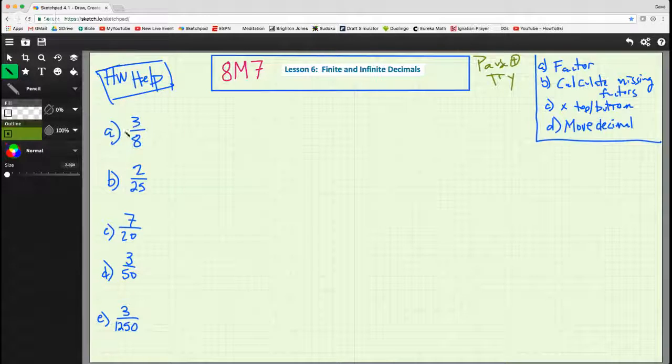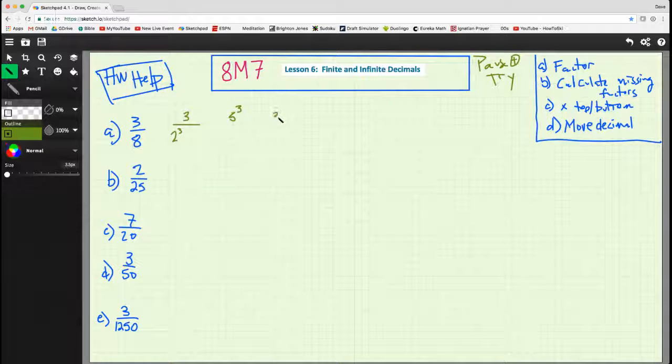So we'll do our examples, and we'll do this first one in green. So step A, we're going to factor this guy. So we get 3 over 2 cubed. Our missing number is, now we have 3 2s, so we need to multiply top and bottom by 5 cubed.